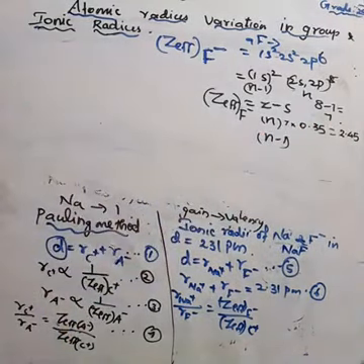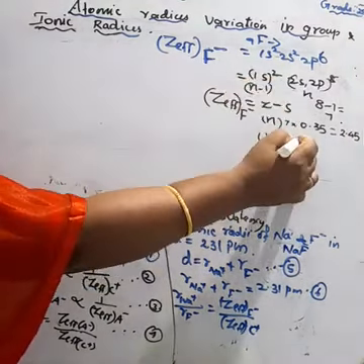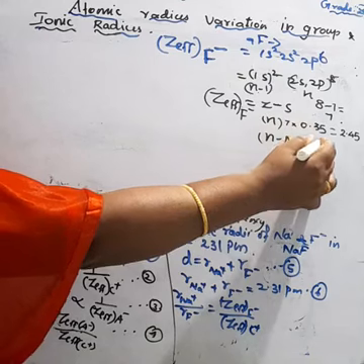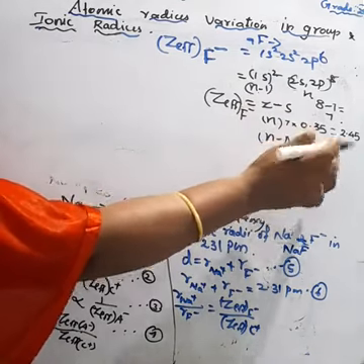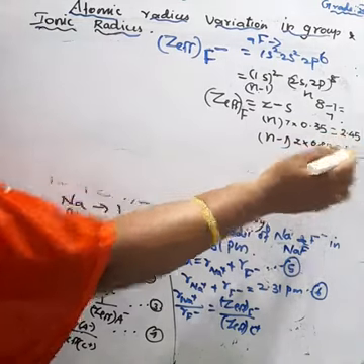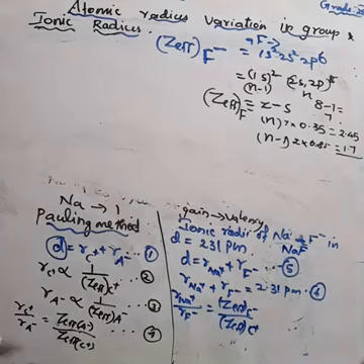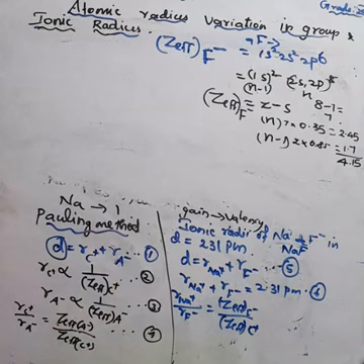After that, for n minus 1, the value is 0.85. How many electrons are in the n minus 1 group? There are 2 electrons, so 2 into 0.85 is 1.7. When adding these two values, we get 4.15. This is the S value for the fluoride ion. Understood? So when we are subtracting, what is the atomic number here?